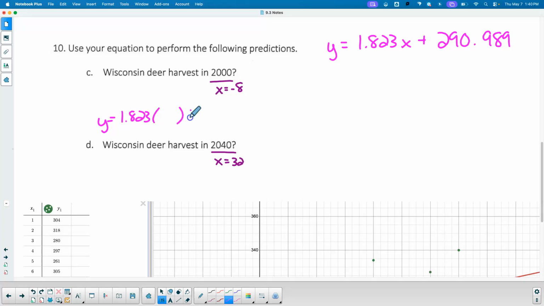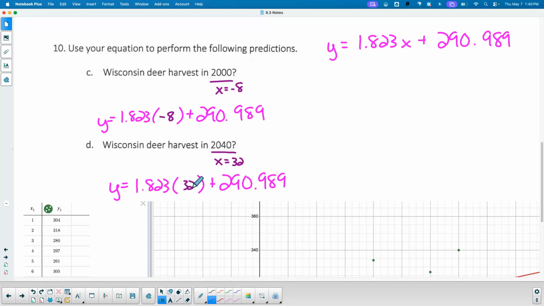Calculator. 1.823. I get here 276.405. So that means that they harvested 276,405 deer.